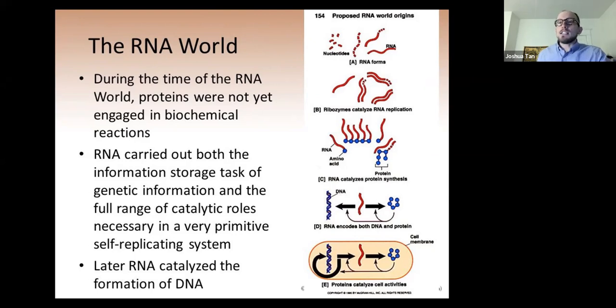The action that takes place with RNA replicating itself still occurs in the cells in our own body. It occurs in a part of all of our cells called the ribosome. And this ribosome is really just a location, a chemical, that can allow for RNA to replicate itself by having RNA exposed to the right other sorts of chemicals.